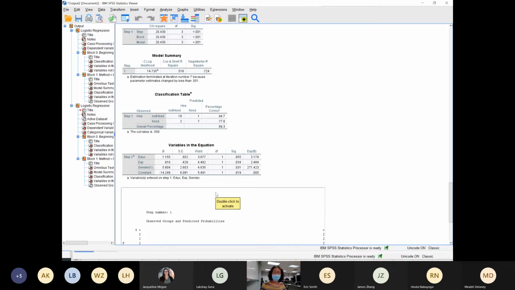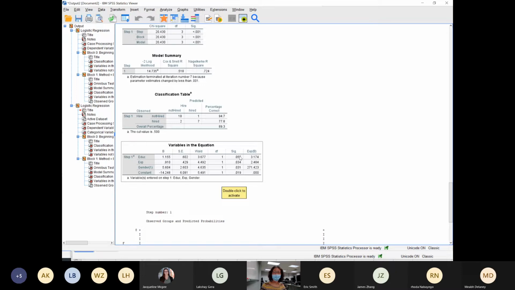And over here, we have these variables in the equation. We have education X1, experience X2, gender X3. It looks like education is not significant because the p-value is 0.055.